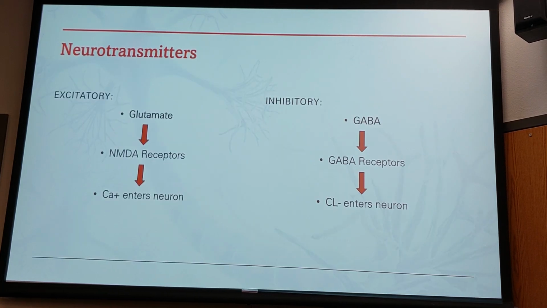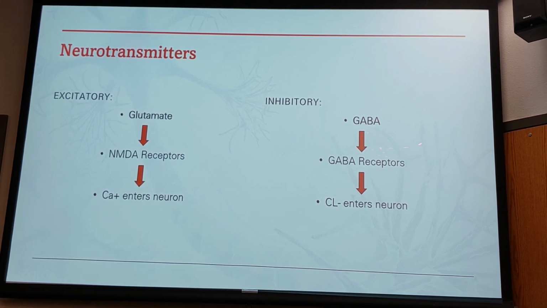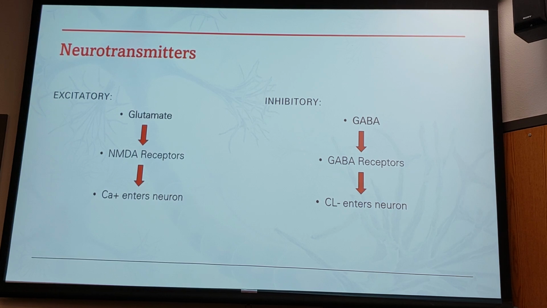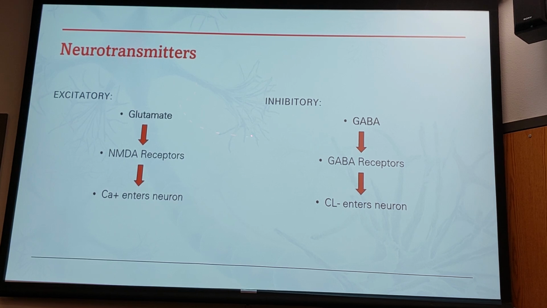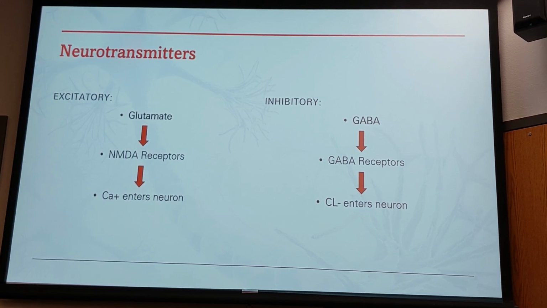On the flip side of that, inhibitory is inhibiting that electrical impulse. So GABA is the neurotransmitter which binds to GABA receptors. They made that one nice and easy for you, right? Then we're changing the charge. Chloride, so it's a different type of receptor that opens up, and chloride is gonna enter the neuron.